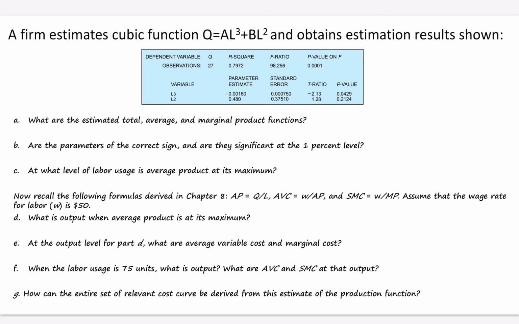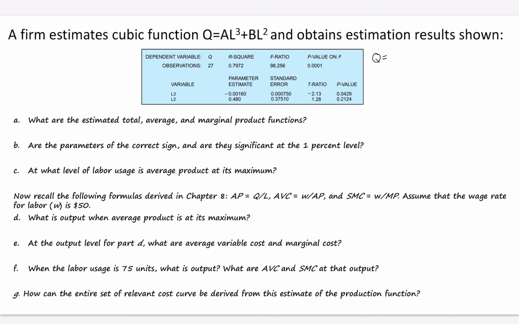The second one gives us a regression output. And first, we need to set it up where we have our quantity equals, and then we're just going to substitute in.